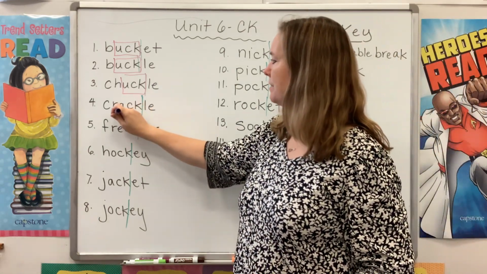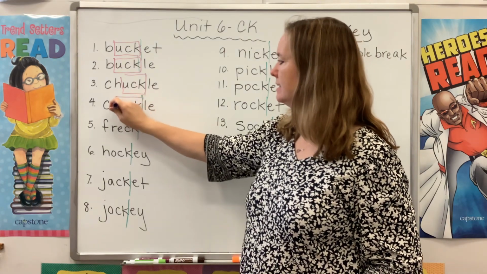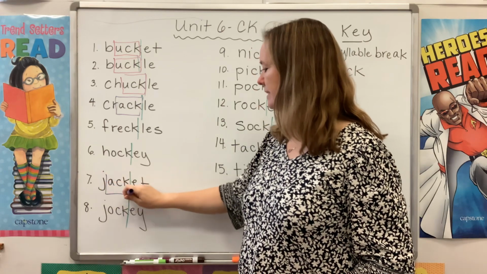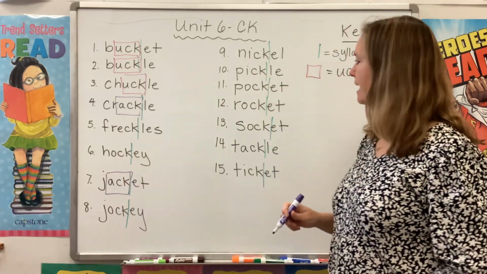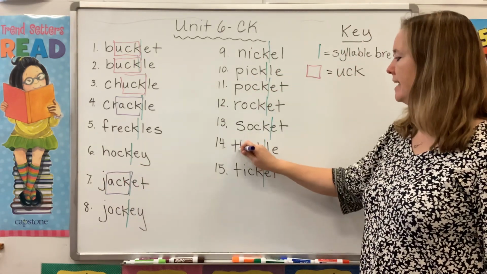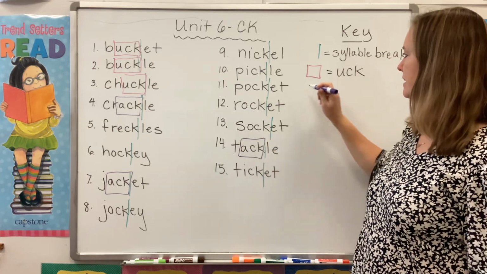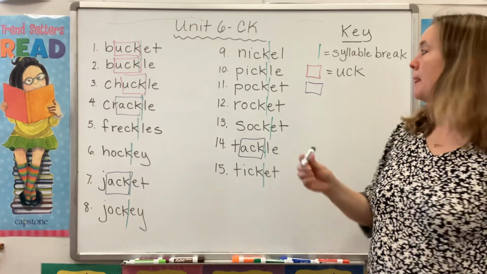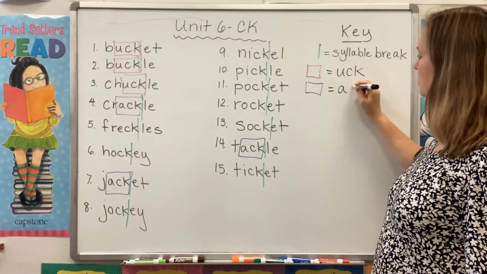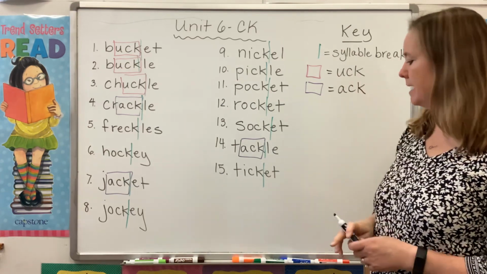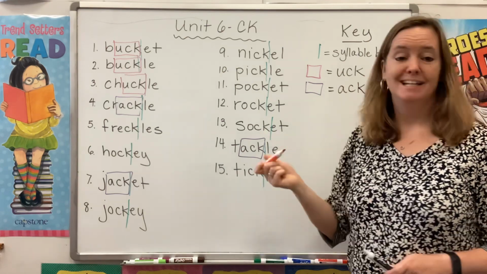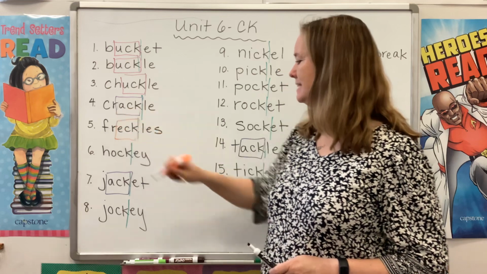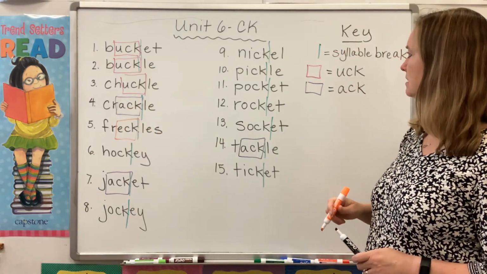All right, choose another color. Put a box around the ACK in crackle, the ACK in jacket, and the ACK in tackle. Purple box equals ACK. Next color, put a box around the ECK in freckles.